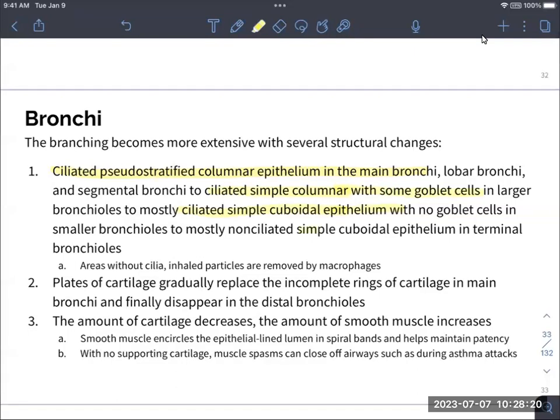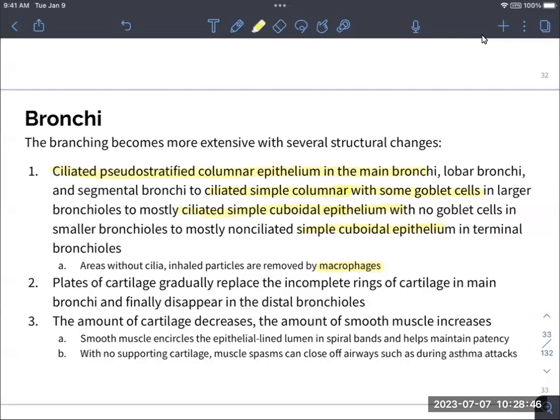They turn into simple cuboidal epithelium. So the cells just get smaller and smaller and smaller. They start losing their goblet cells. Where there's no cilia, we have macrophages. They will remove any kind of particles. They will remove any kind of microbes that may have gotten that far.